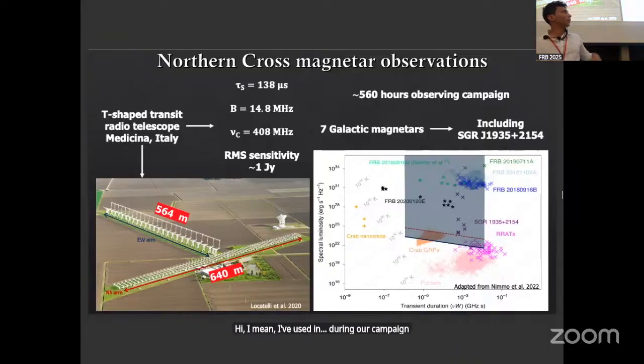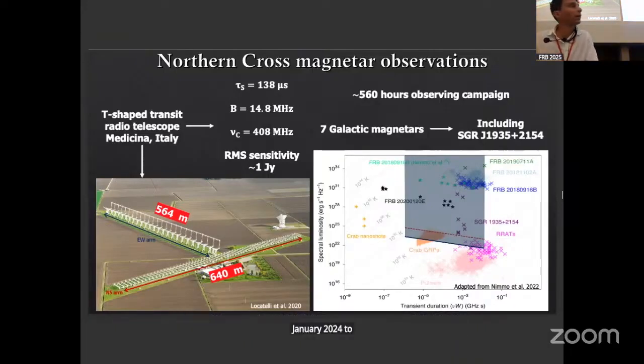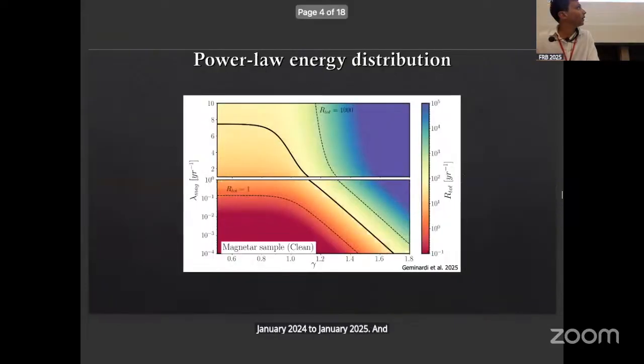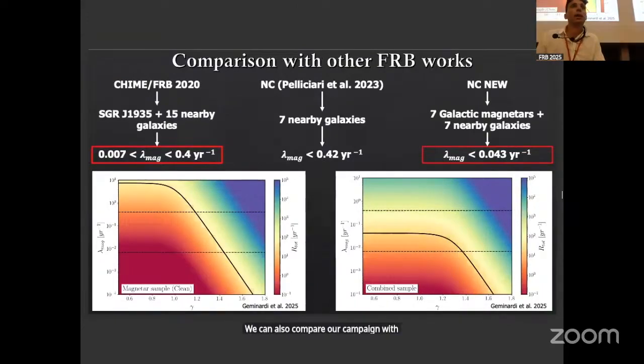This campaign was performed from January 2024 to January 2025, and we can also compare our campaign with other similar campaigns performed at the same frequency, that are these ones.